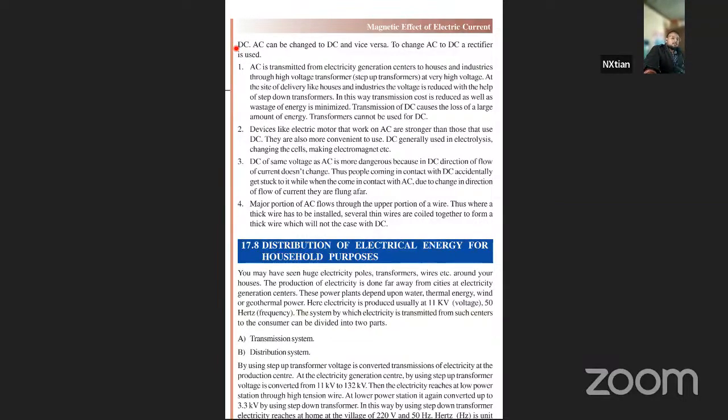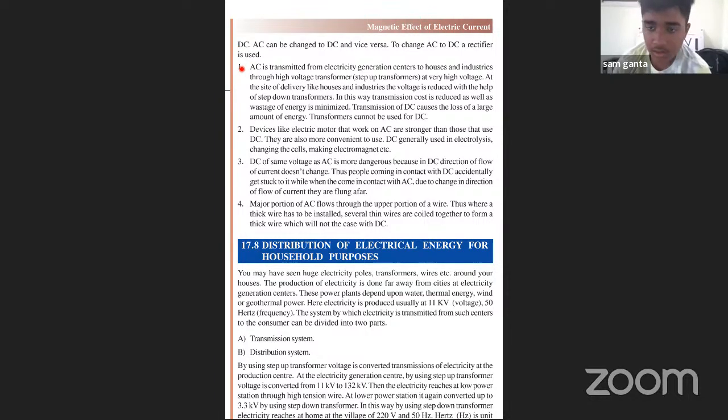AC is transmitted from electricity generation centers to houses and industries through high voltage transmission, with step-up transformers at a very high voltage.